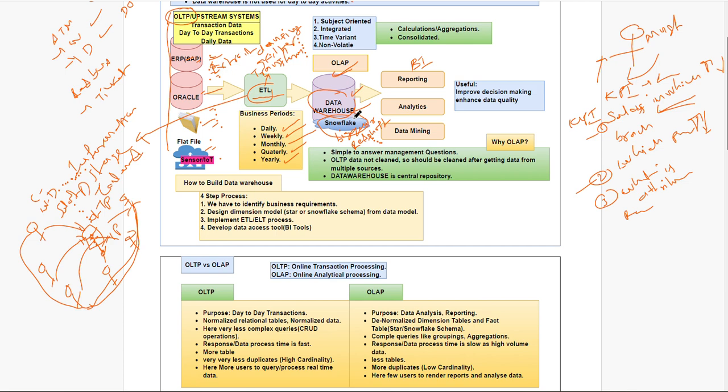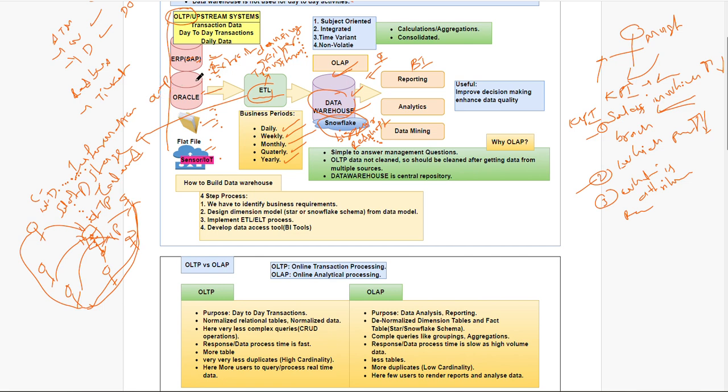When this history is required, maybe one person is requesting a monthly statement. For the previous month, we can fetch it from the data warehouse. Why? Because daily, at the end of the day, we load all these transactions to the warehouse. We don't want to disturb the OLTP system.